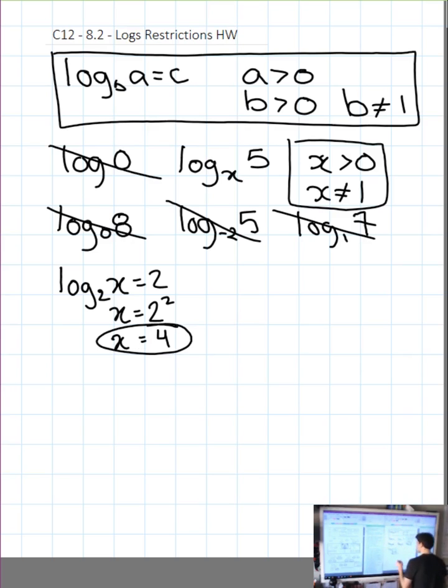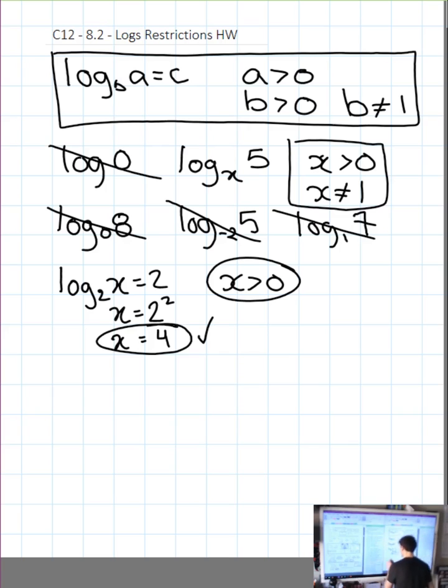Now the restrictions are x. Well, x is the thing I'm logging, and x needs to be greater than 0. Now I'll look at my answer, x equals 4, and that is greater than 0, check mark.